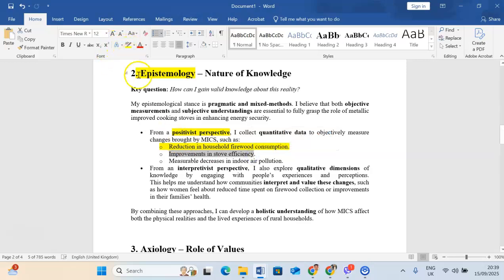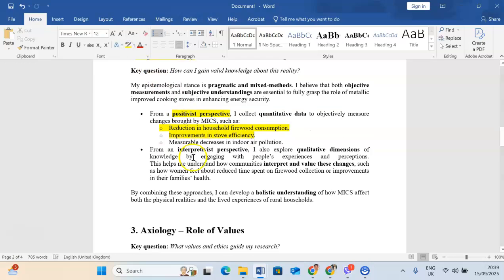Well, let's say my research found that it was efficient by 45% compared to other traditional stoves. And the third one, measurable decrease in indoor air pollution. And we can measure by what percentage or how much smoke is reduced by the adoption of metallic improved cooking stoves in the households.